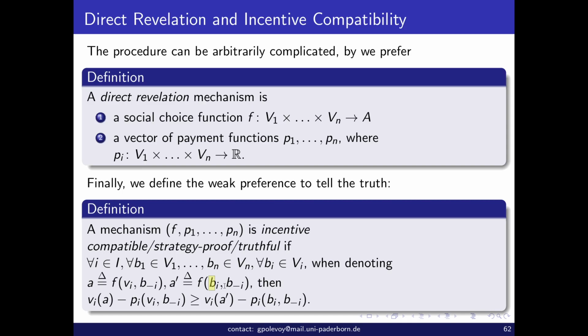The rest can do what they do. And then the mechanism is called incentive compatible if it's never worse for the player to bid the truth.